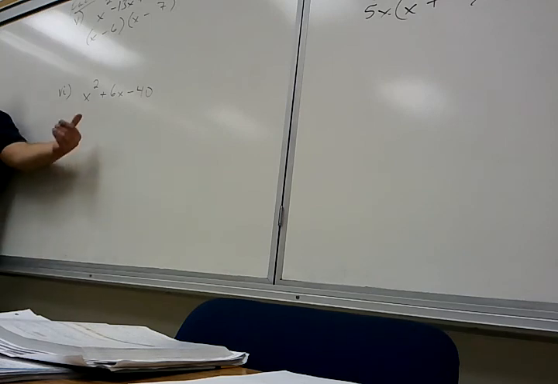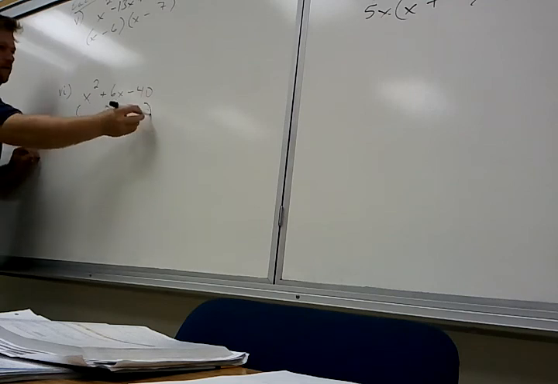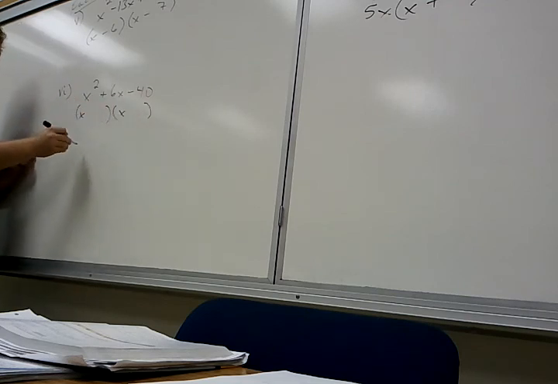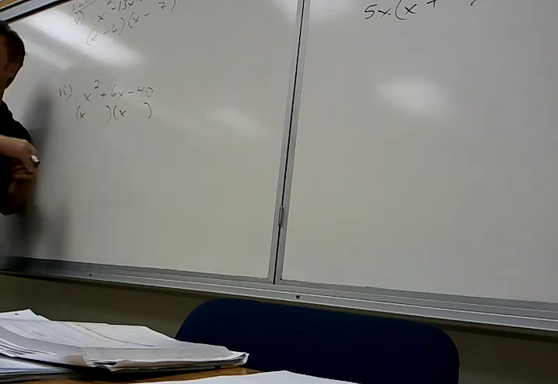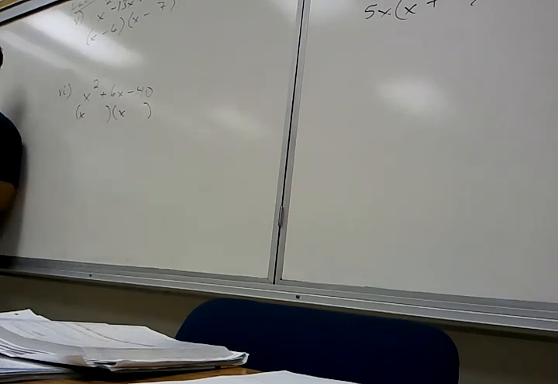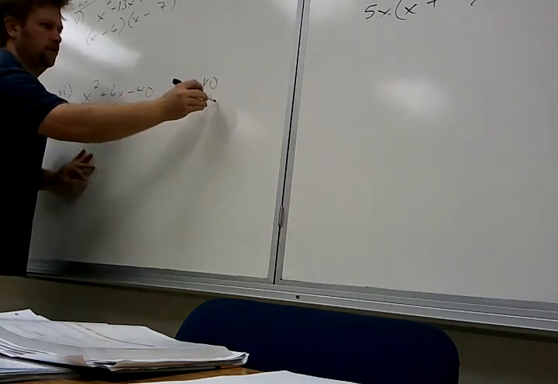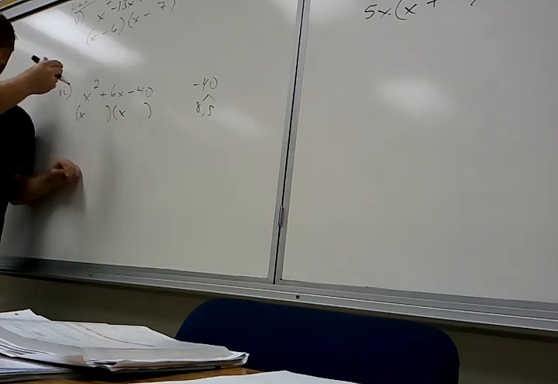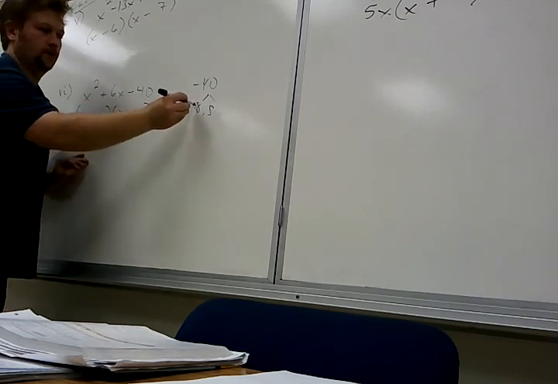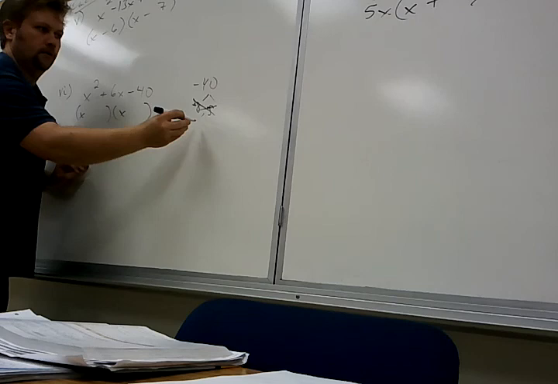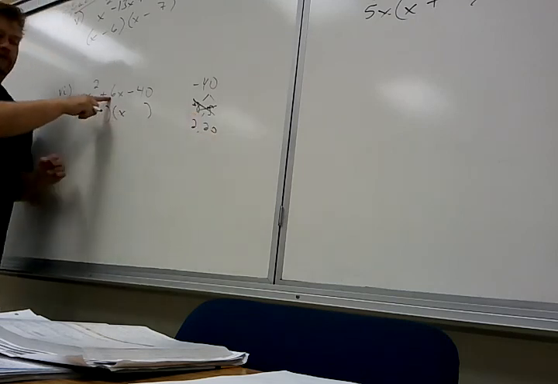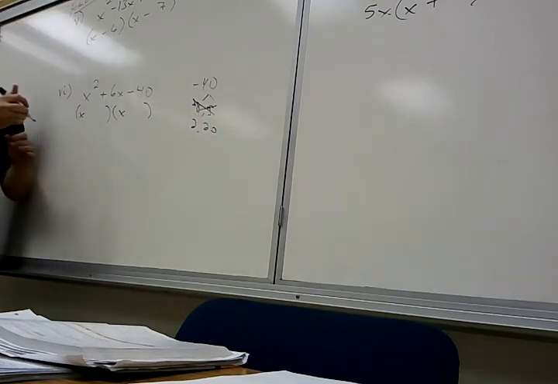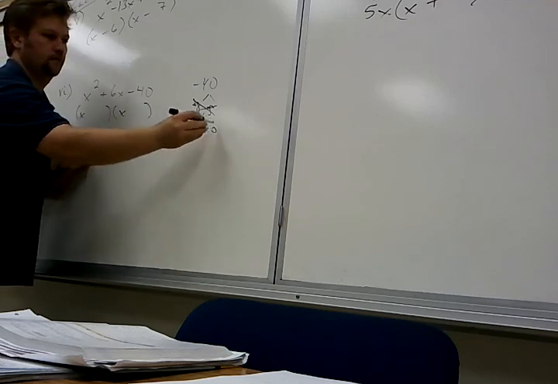Alright, so I did kind of the reverse on this one. X minus 4, x plus 10. I like it. Positive 10. So 40, there's only a few ways to factor that, right? If you did the work, it would be like this: 8 and 5, but that can't make 6. That can make 3 or negative 3. So that's no good. 2 and 20 can never make 6. That can make 18 or negative 18.